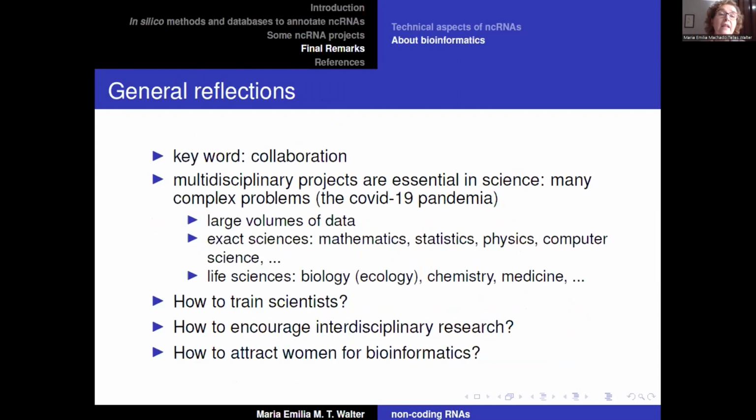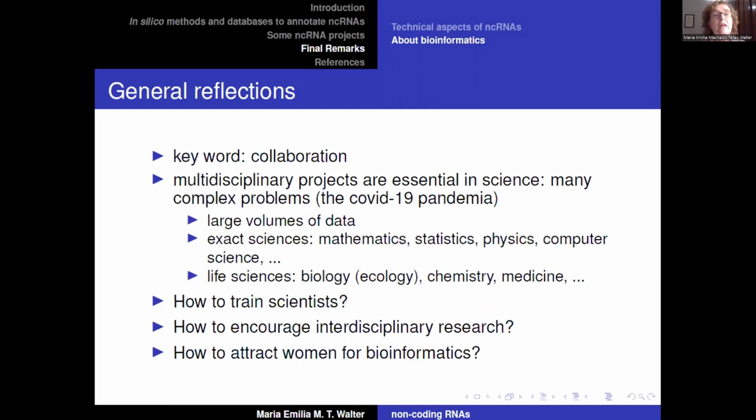And the last slide. Some general reflections for these projects. We have a keyword that is collaboration. We have to be involved in multidisciplinary projects that are essential in science, like we faced with the COVID-19 pandemic, since it involves large volumes of data and exact and life sciences.